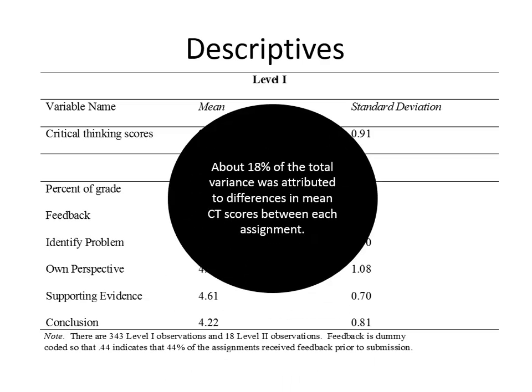About 18% of the total variance we can attribute to that between assignment differences in average critical thinking scores. Though that is not huge, it is also not trivial, right?